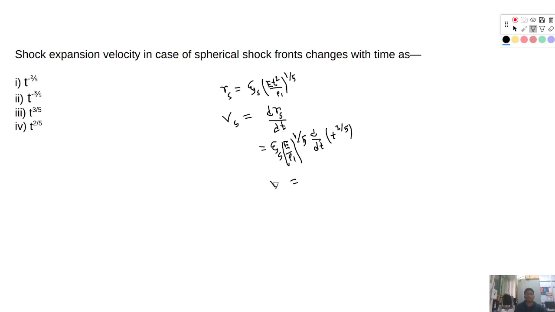So Vs is this and d by dt of this, so 2 by 5 t to the power 2 by 5 minus 1, so this is minus 3 by 5.